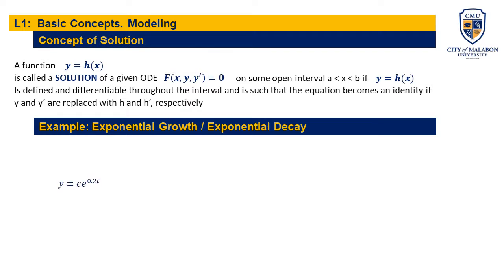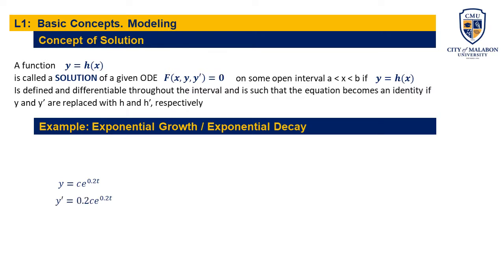So we have, for example, an equation representing an exponential growth: y is equal to c e to the 0.2 t, where c is an arbitrary constant.